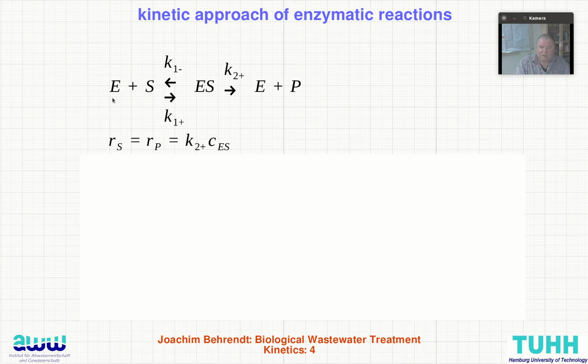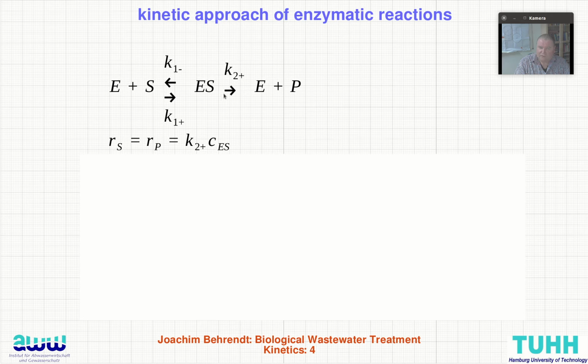This looks like this. That's an enzyme plus substrate reacts with K1 plus to the enzyme substrate complex, and the enzyme substrate complex reacts with another speed constant K2 plus to an enzyme and product. And finally the enzyme substrate complex can also react backwards with the constant K minus 1 to the enzyme and substrate.